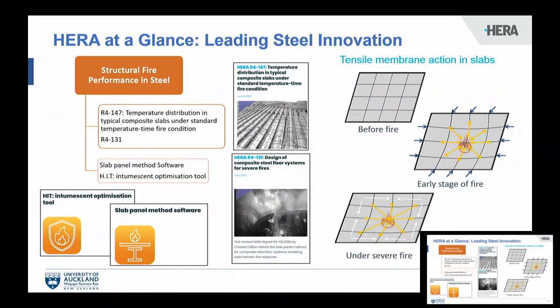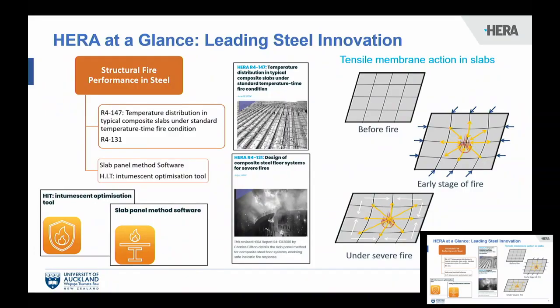One of the interesting methods used is the slab panel method, which was specified in one of the HERA reports, R4131. This method is used for larger scale structural systems.